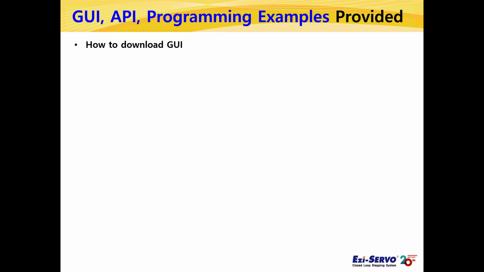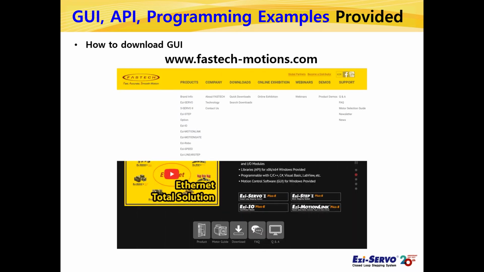As mentioned earlier, FASTECH provides GUI software, Ezi-MOTION Plus-E, an API for Windows free of charge. First of all, the GUI software can be downloaded for free from the website. If you access the following address and place the mouse pointer on the Download tab of the homepage, the item called Quick Download appears.